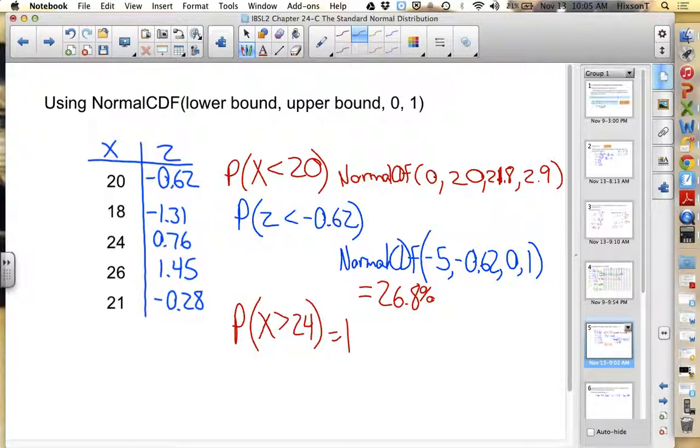In terms of z, I'm finding the probability that z is greater than 0.76. So how am I going to do that? So you do normal CDF, and then would your lower bound be 0.76? Mm-hmm. And then you could just make your upper bound a big number, like 100.